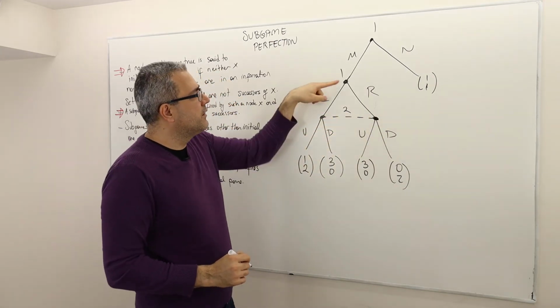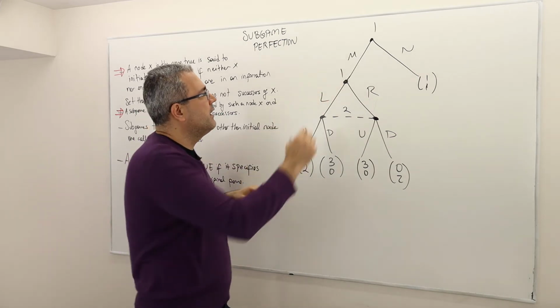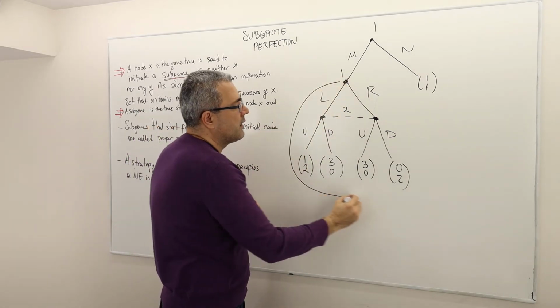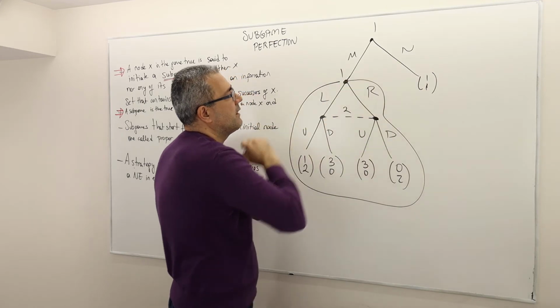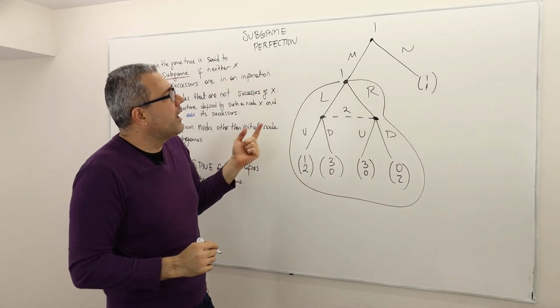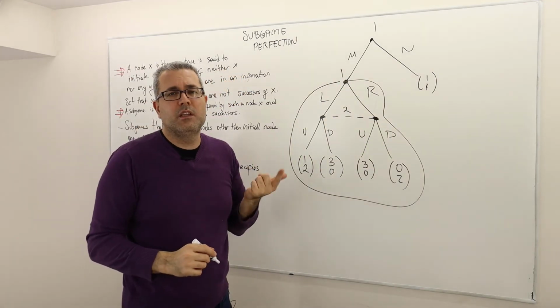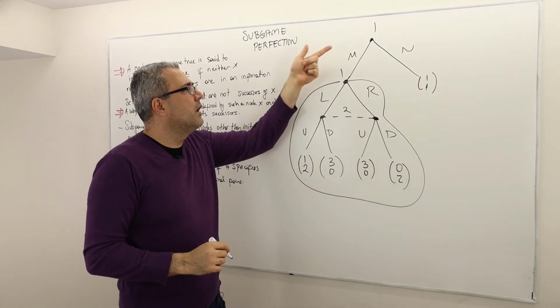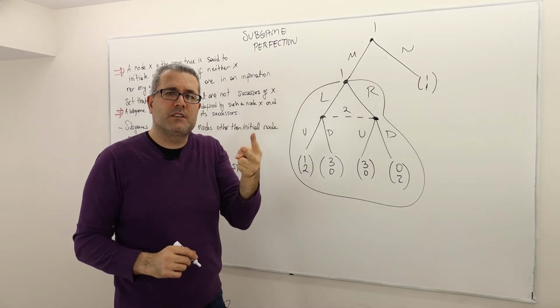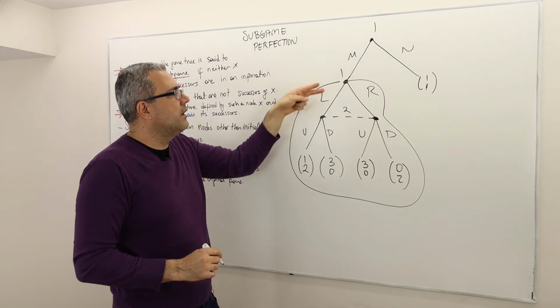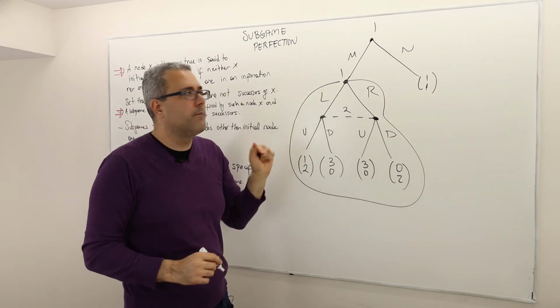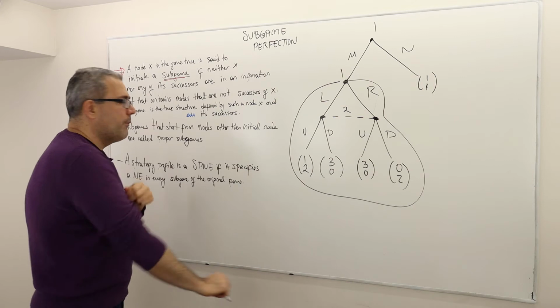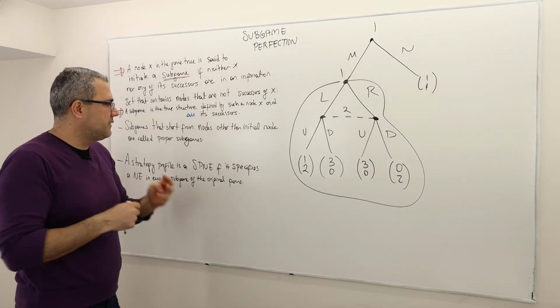Same here. This decision node, however, does start a subgame. So this is one subgame. What else? There remains only the initial decision node, and so there are only 2 subgames in this game, and only one proper subgame. Okay, I'm hoping that this concept of subgame is clear.